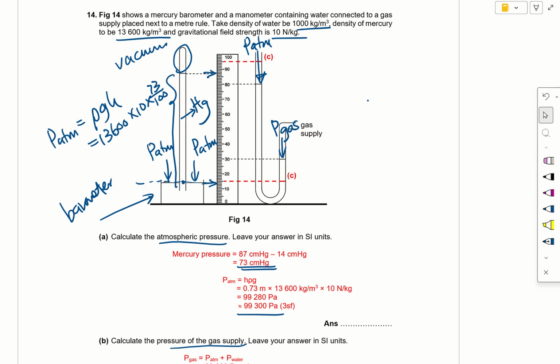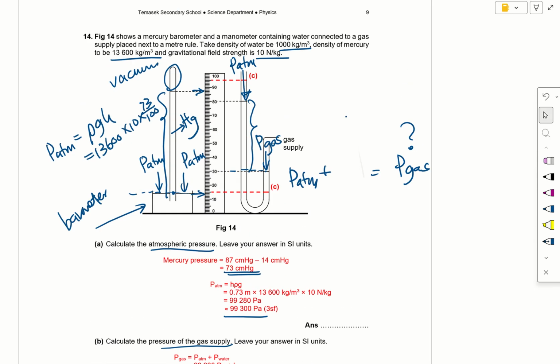Again, where is same liquid, same level, same pressure? Over here, this level. On the right hand side is P gas, which I'm supposed to find, equals P_ATM on the left hand side plus this height of liquid.